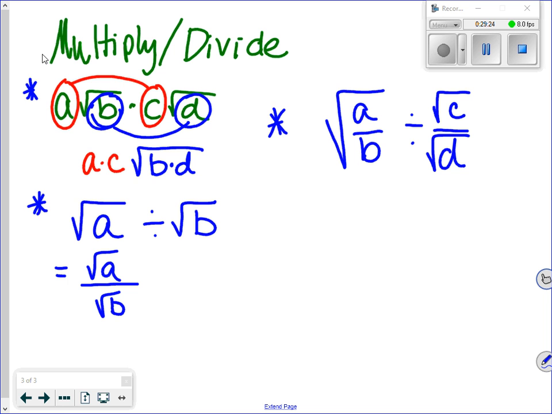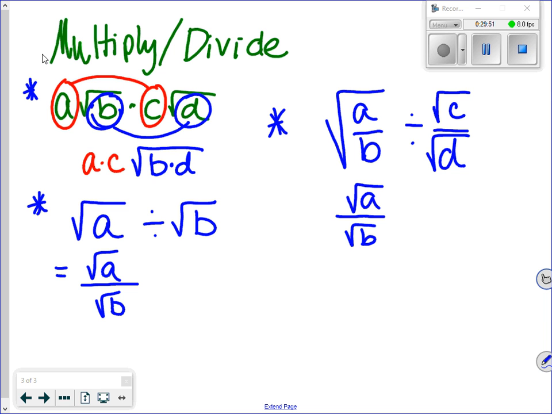And you're going to do that for every one of them. Can A over B reduce? If not, break it apart into square root of A over square root of B. Check and see, can C and D reduce? Is there anything that can go into both? If not, leave them as square root of C over square root of D. If they're both under the same radical, you can reduce. And if they're separated, you can still think about them as being able to reduce.